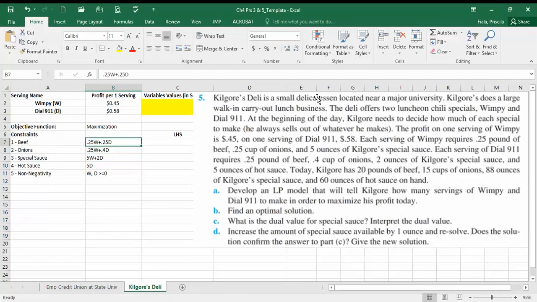And now it tells us today Kilgore has 20 pounds of beef. Therefore, this combined is no more than 20 pounds. 15 cups of onions, so no more than 15 cups of onions. 88 ounces of special sauce, so no more than 88 ounces of special sauce, and 60 ounces of hot sauce on hand.